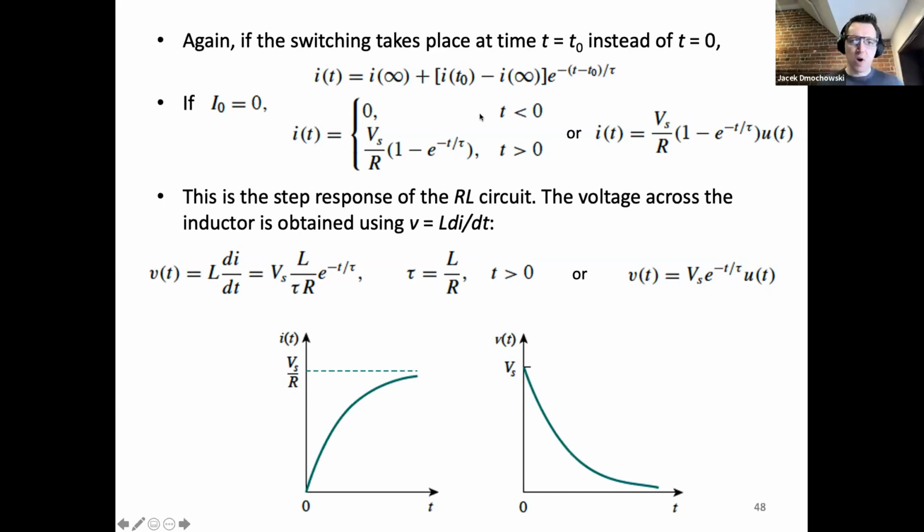When the inductor current starts out at 0, and it needs to end up at Vs over R, it's going to take this exponential or logarithmic ascent from 0 to its final value. On the other hand, its voltage is going to start out at Vs, right? That's the initial voltage when the battery first gets connected, and it's going to end up at 0. This is when it becomes a short circuit.